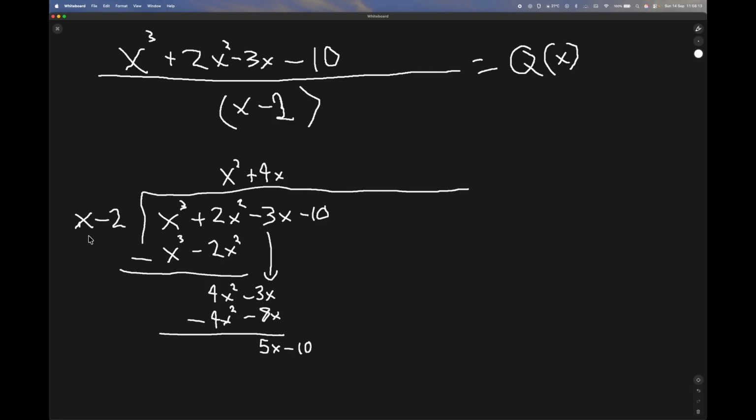So, what do we need to times x by to give us 5x? We're going to times it by 5. Now 5 times minus 2 is minus 10.